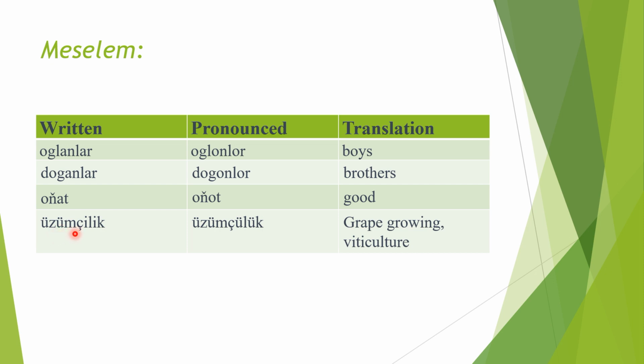So üzümçilik, this is how we write üzümçilik, because we cannot write u and ü after the second syllable. But pay attention, all of them are yoğun, and all of them are ince çekimliler, front vowels.